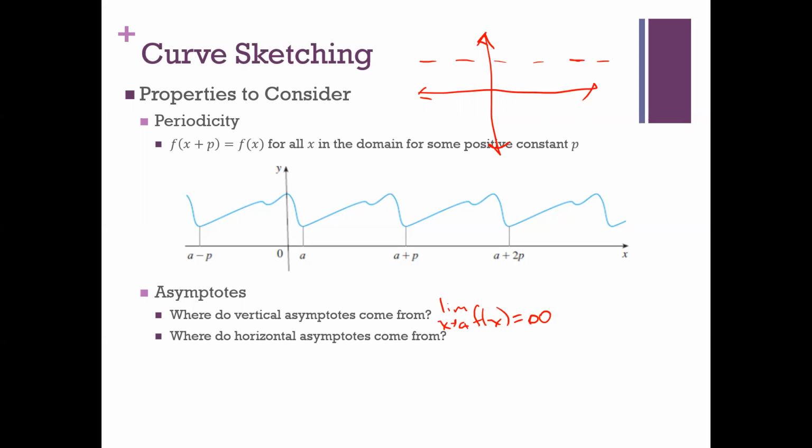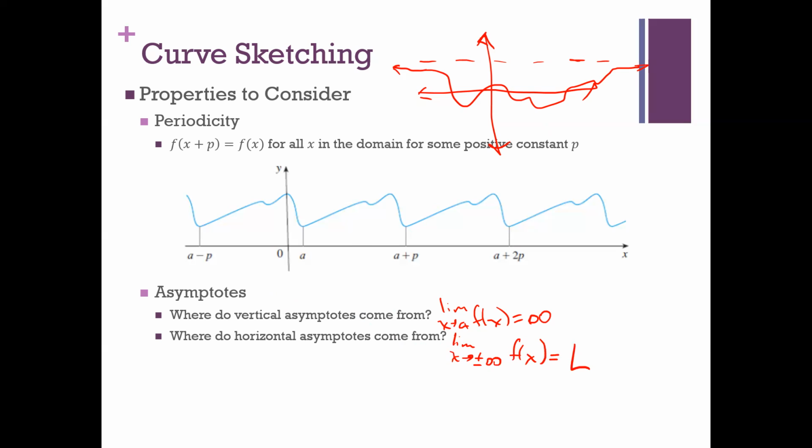It's really more as you go far right or far left, because you could have an asymptote like this, but it's really only an asymptote as x gets really far away from smaller values. So what we're looking for is the limit as x approaches positive or negative infinity of the function is equal to some number.